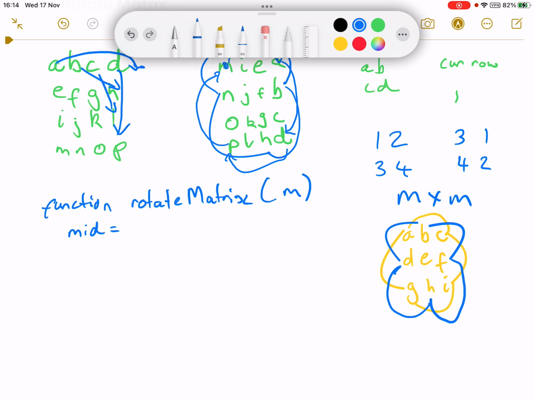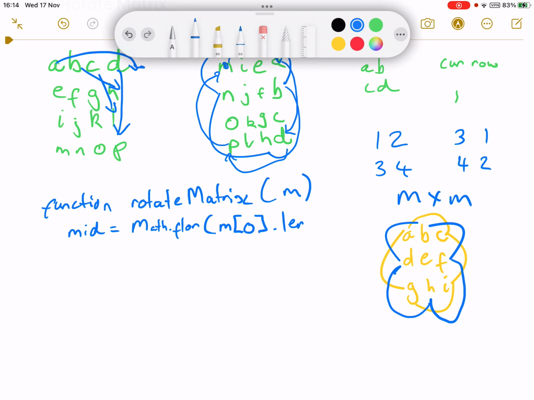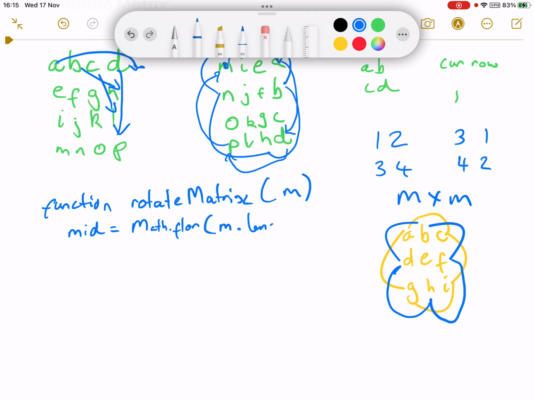So m.length, oh no, not m.length, over 2. So that's half.